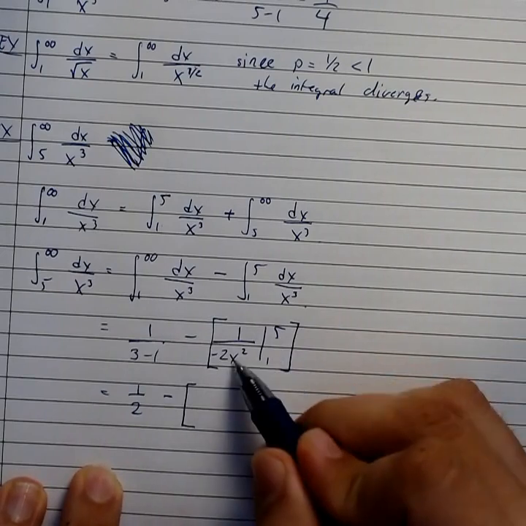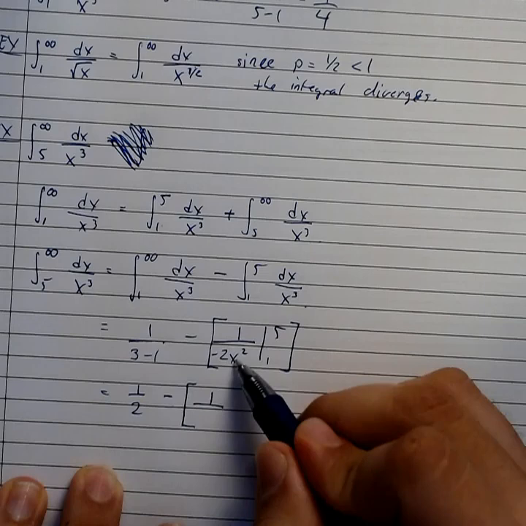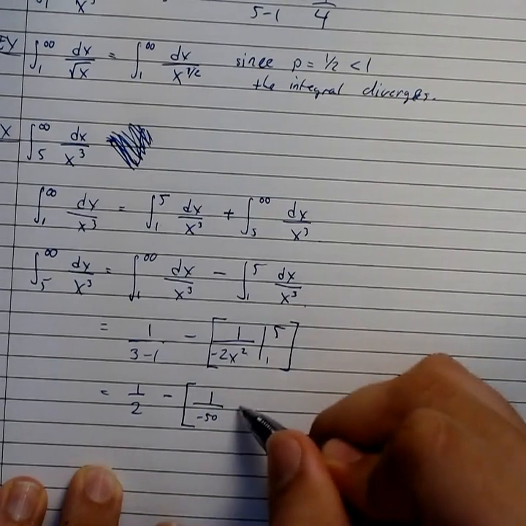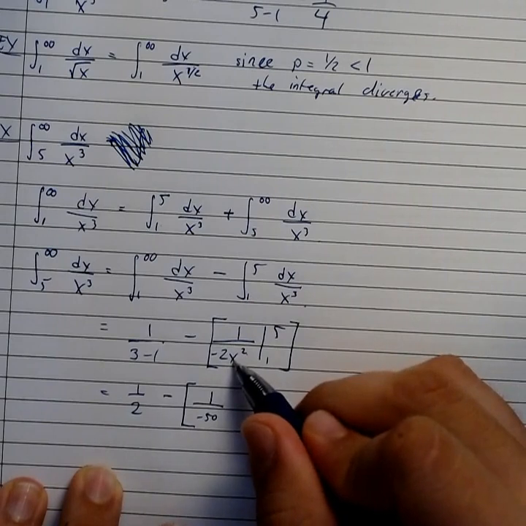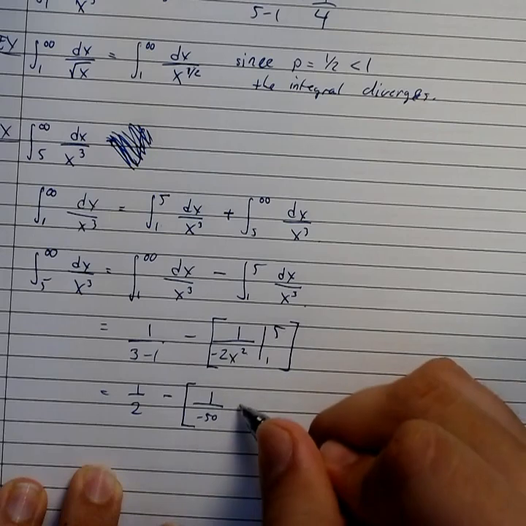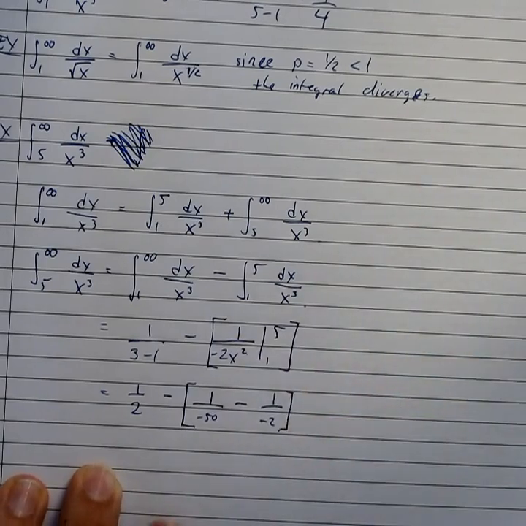If I evaluate at 5, that's going to give me 1 over, 5 squared is 25, times negative 2 is negative 50. If I evaluate at 1, that's going to be 1 over negative 2 times 1. So minus 1 over negative 2, just like that.